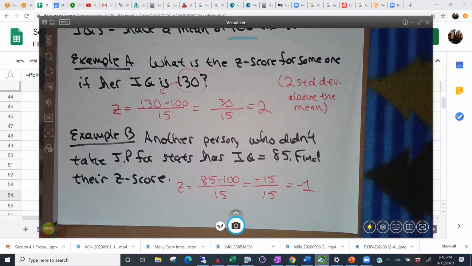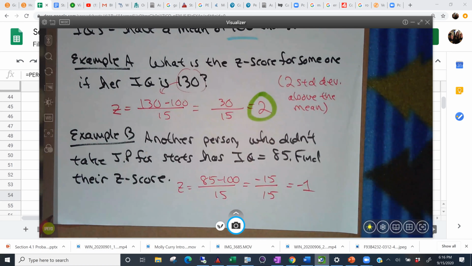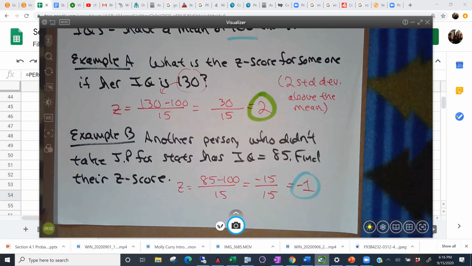Now, if you compare the 2 I got here with the -1 I got down here, one of the things I wanted you to see is that one of them is positive and one of them is negative. What is the negative part telling you about this score? It's below the mean.